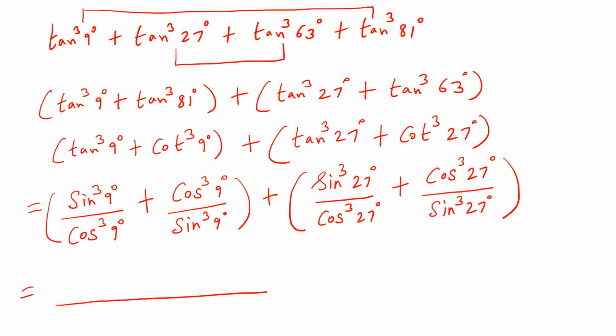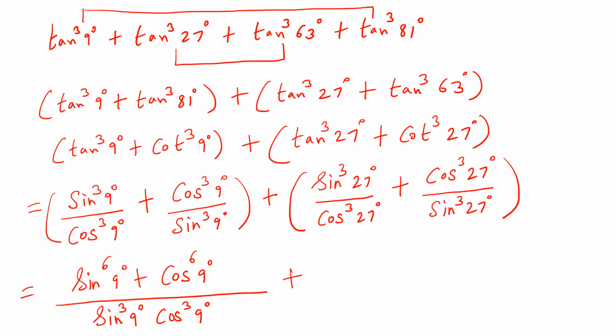Now just take the LCM of the denominators in both of these expressions. In the first expression, the LCM comes out to be sin cube 9 degree into cos cube 9 degree, and in the numerator, we get sin 9 degree to the power 6 plus cos 9 degree to the power 6.